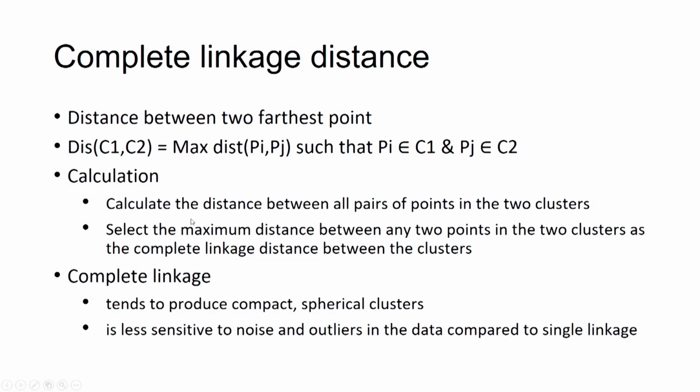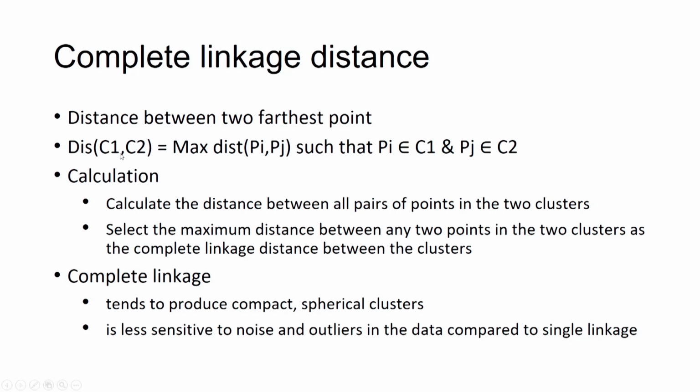To calculate this, we will need to find the distance between all pairs of points in the two clusters, and then we will take the pair for which the distance is maximum, and that distance we will take as the distance between the two clusters.